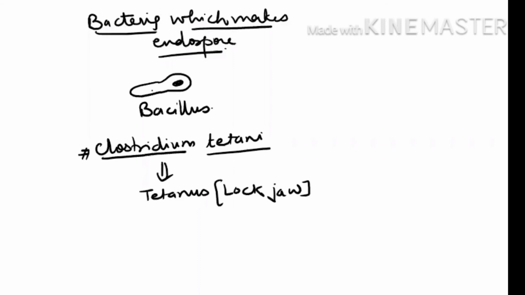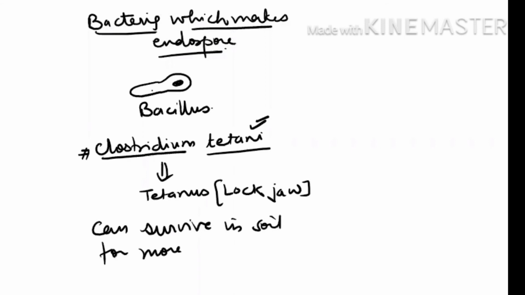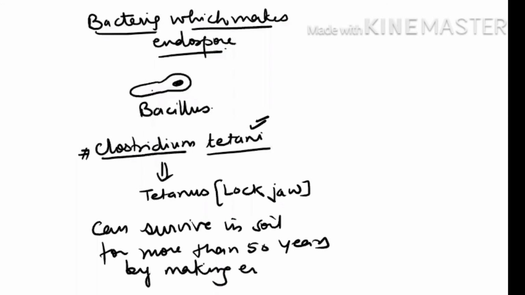The reason is, these tetani bacteria can survive in soil for more than 50 years by making endospores. So this is a big problem, and luckily, thank God, only these two genera make endospores; the remaining genera don't make endospores.